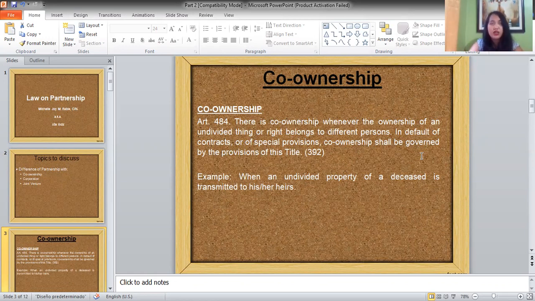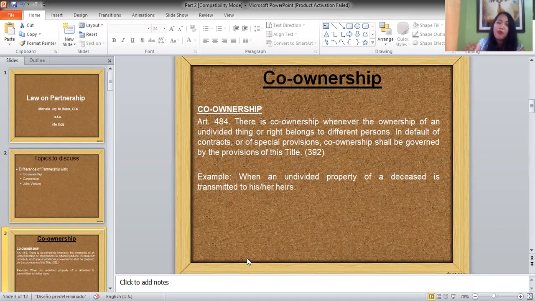So, a classic example, halimbawa, yung may magulang na nagpamana sa anak kasi by the death of the parent, pag without the will. Halimbawa, ang isang parent, meron siyang 3 anak, A, B, and C, and that parent owns a house and lot.